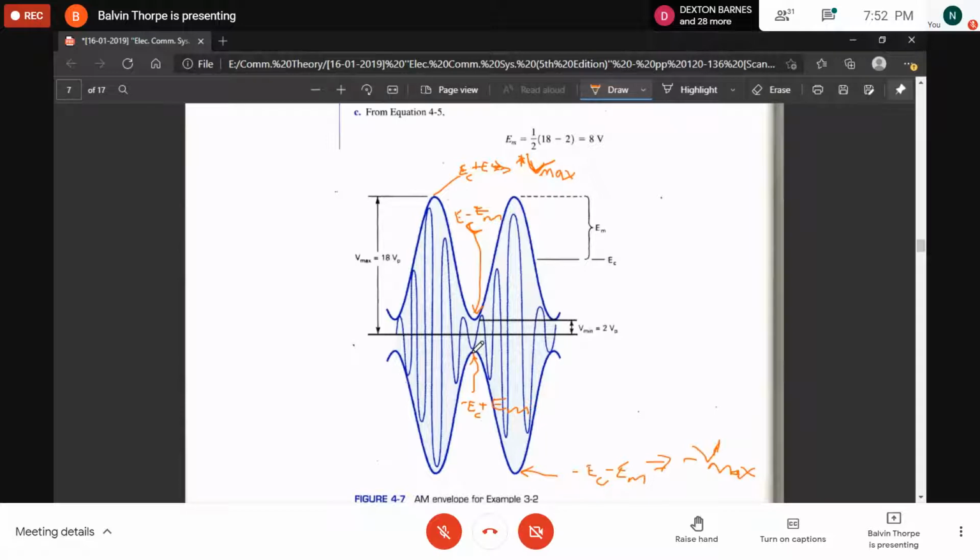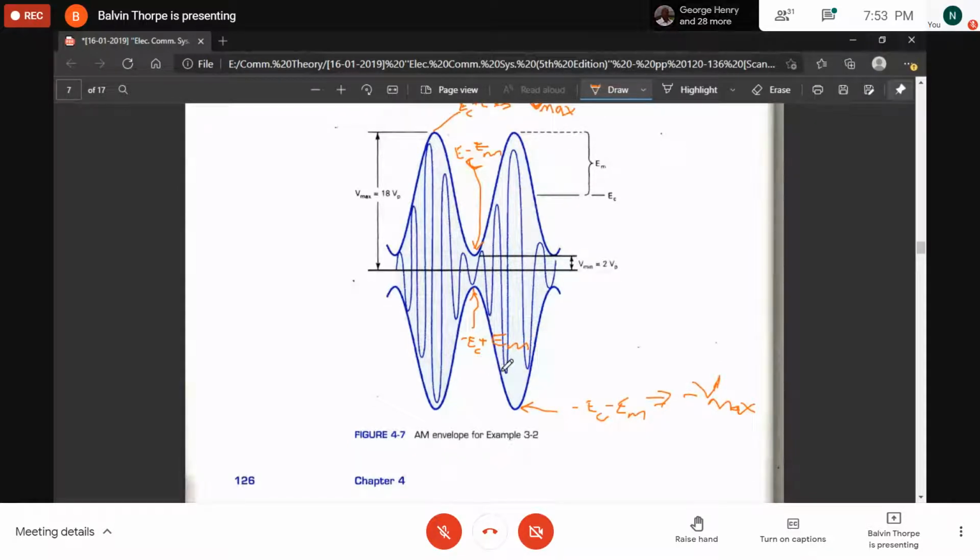This is maximum, what? Negative V max, right? So you're telling me that you have two negative V max? No. All right, this is the one in the middle up here. If you just look at it, you can figure it out.